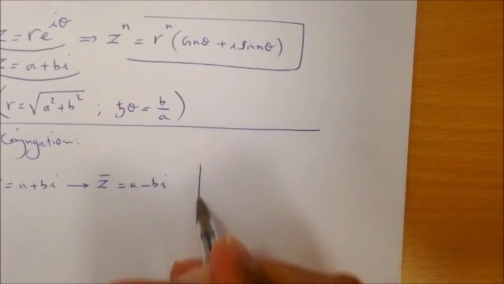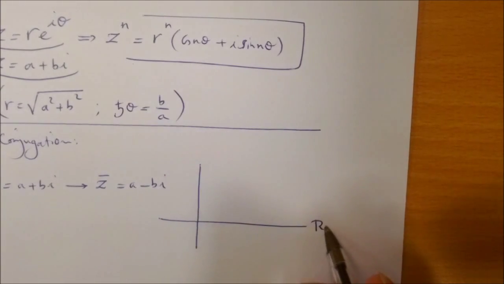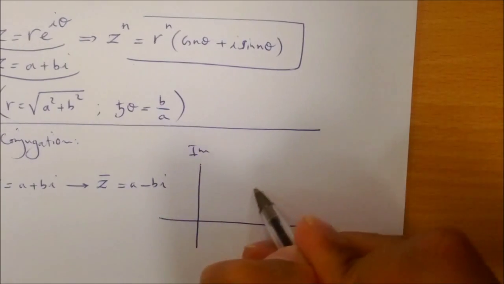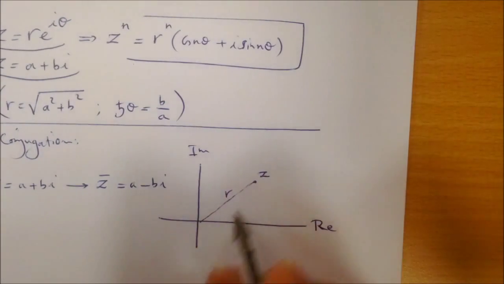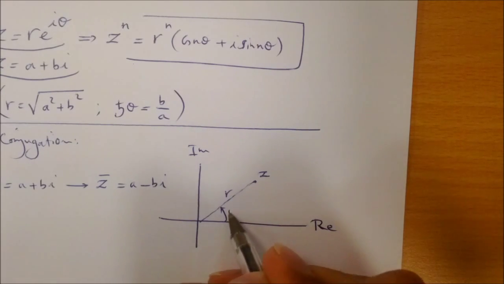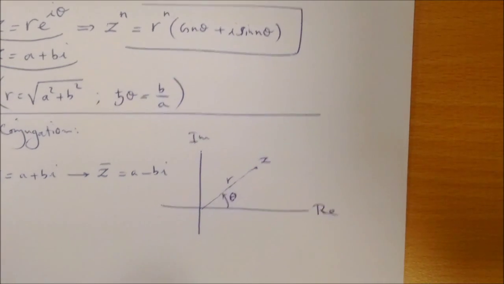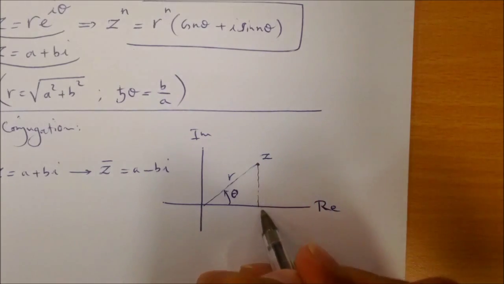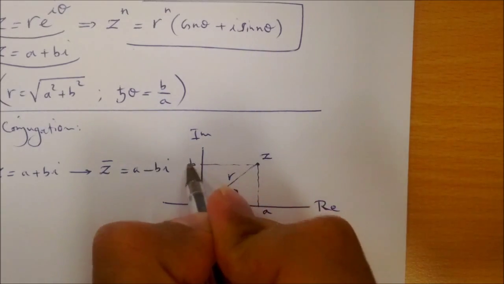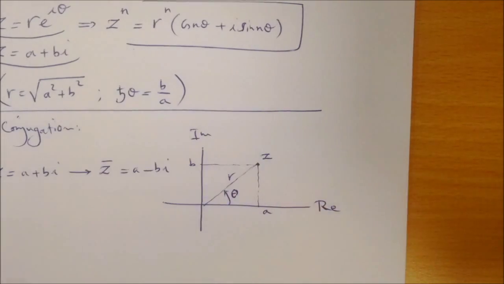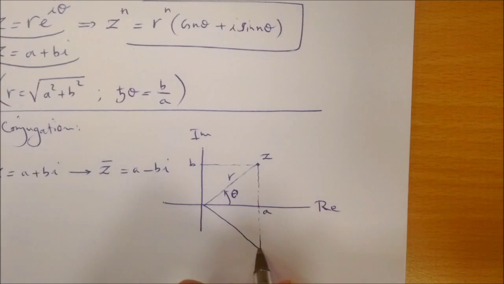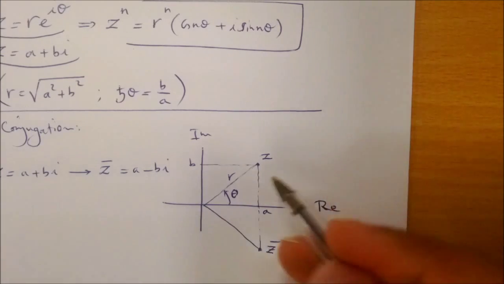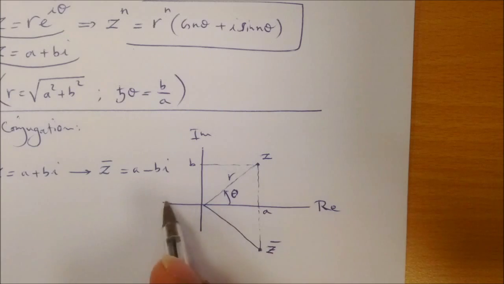So in the complex plane, if z is characterized with distance r, with modulus r and the angle theta, or its normal components, real part and imaginary part a and b, z bar will be simply the reflection of z with respect to the x or real part axis.